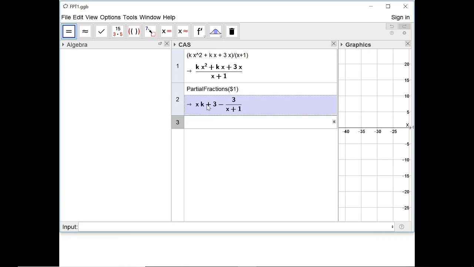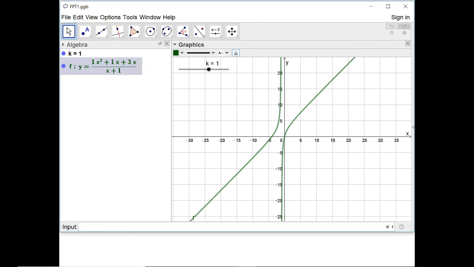So my kx plus 3 minus 3 over x plus 1 that I had before. So kx plus 3 is my asymptote.